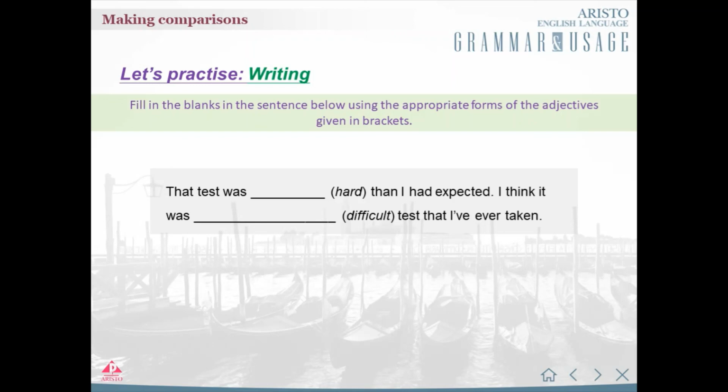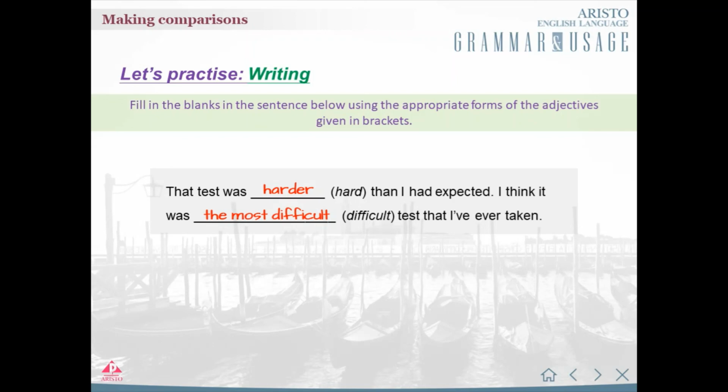The answers are now on the screen. The first blank should be filled in with harder, because the sentence is comparing the test to what the speaker had expected. The second blank should be filled in with the most difficult, because we know from the relative clause afterwards that the speaker is talking about a superlative event. How did you get on?